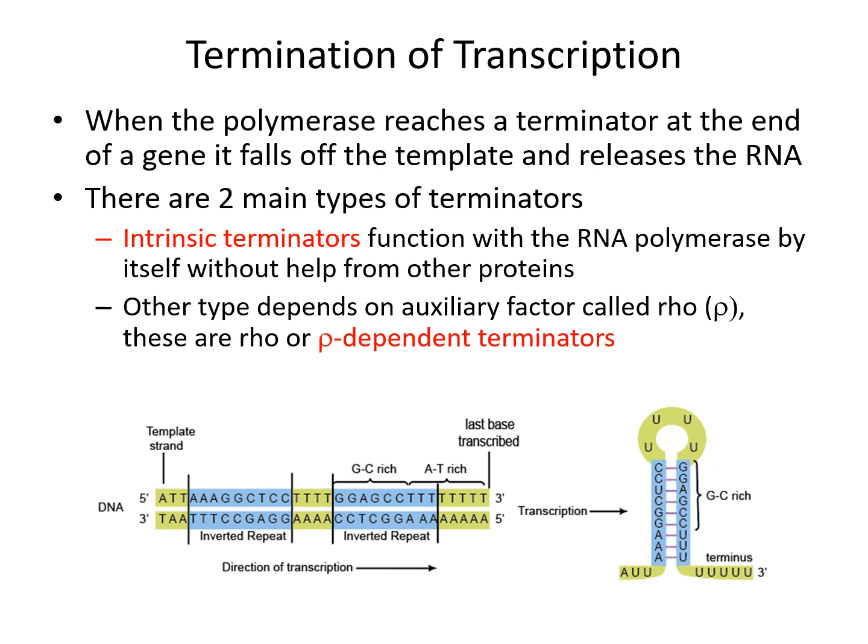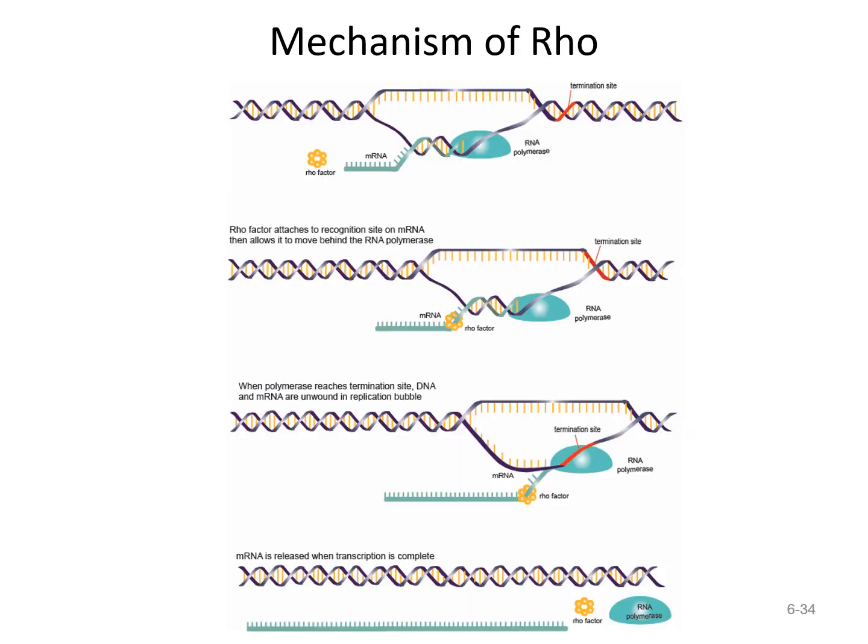So basically this is a rho-independent termination, which is the intrinsic terminator. When the RNA polymerase reaches this region, the RNA polymerase will fall off from the template, and the poly U is about 7 to 9 bases. And then the second mechanism is the rho-dependent mechanism.